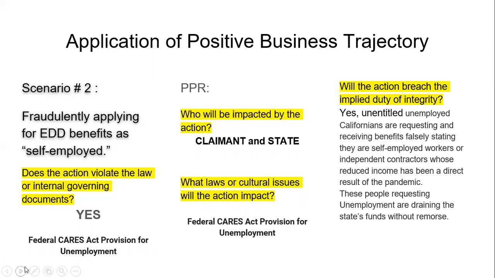Of course, there is a breach of implied duty of integrity, because the unentitled, unemployed Californians are requesting and receiving benefits falsely stating that they are self-employed workers or independent contractors whose reduced income has been a direct result of the pandemic. These people are requesting unemployment and are draining the state funds without remorse.